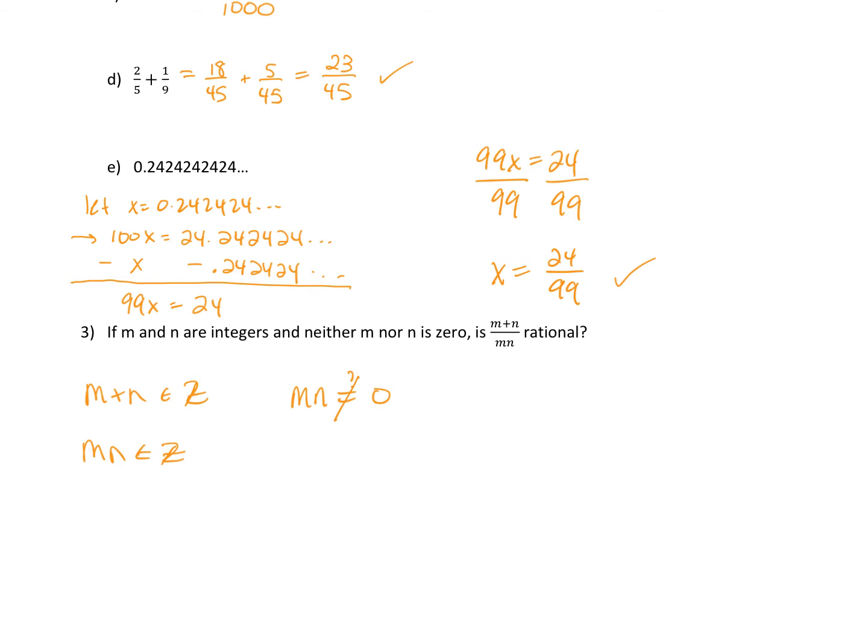So those do not equal 0, and that's called the zero product property. So yes, m plus n over mn is rational. It satisfies the definition because the top and the bottom are both integers, and the bottom is not 0.